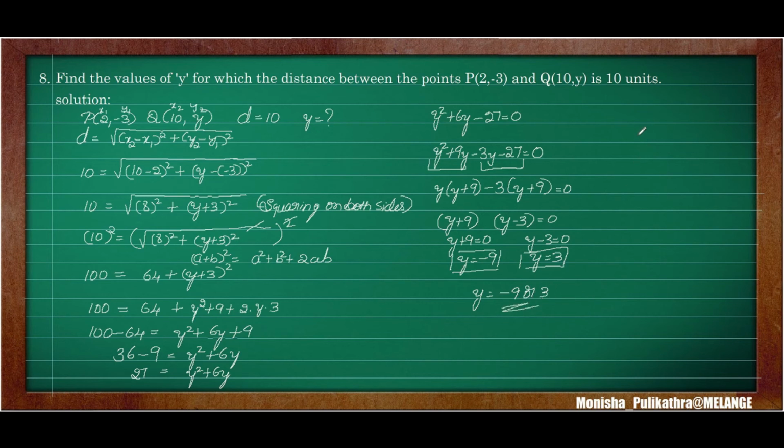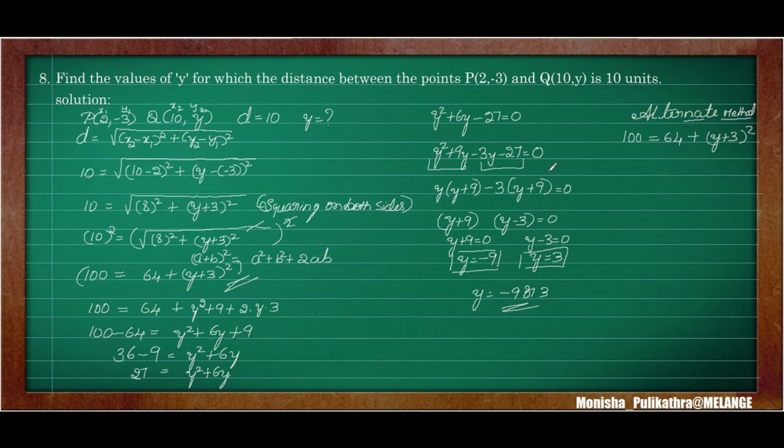So there is one more alternate method here, a small alteration. So in the alternate method, after the previous step, after this step, you write the step here: 100 is equal to 64 plus y plus 3 whole square.